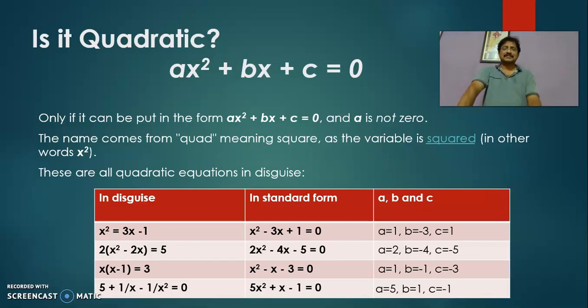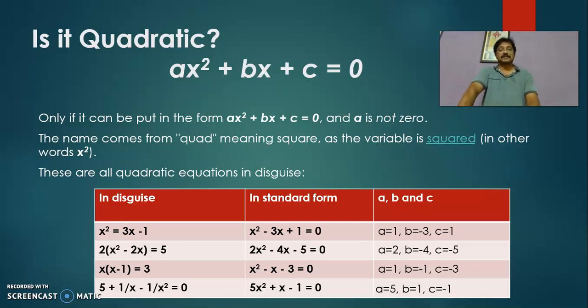But at first impression you may have a little confusion whether it is a quadratic equation or not. Then how to identify? That's very important. First you have to convert the equation into the standard form, ax square plus bx plus c equal to 0. Then it can be seen as a quadratic equation.